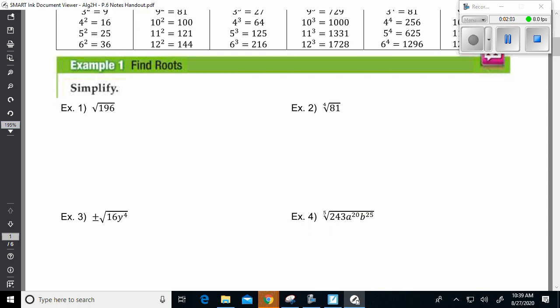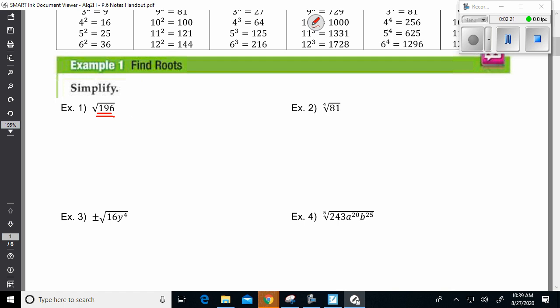So let's first start with numbers, and then we'll graduate up to variables. So finding roots, we're going to look for some basic roots. So 196, this is the square root of 196.